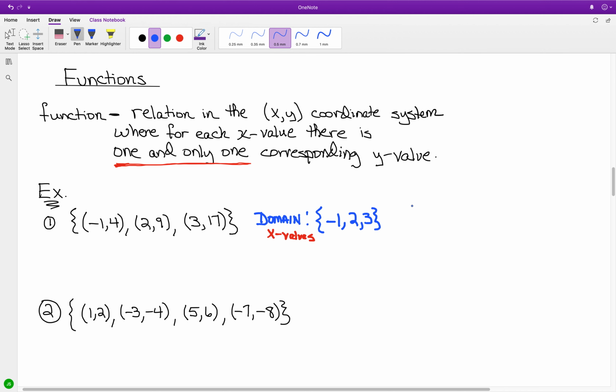And the set of y values is defined by the range. So again, the range refers to y values. For this set of ordered pairs, the range is 4, 9, and 17.